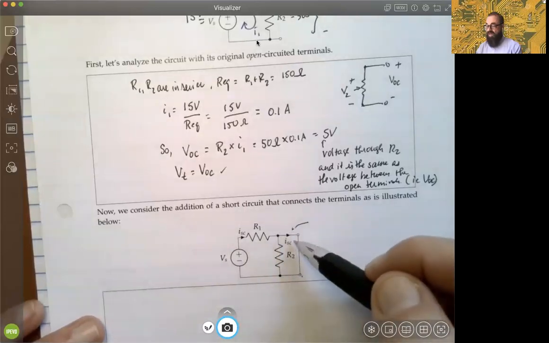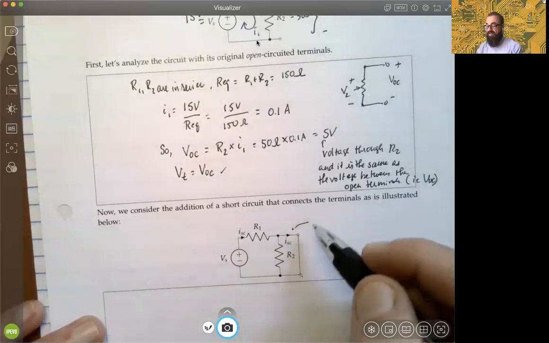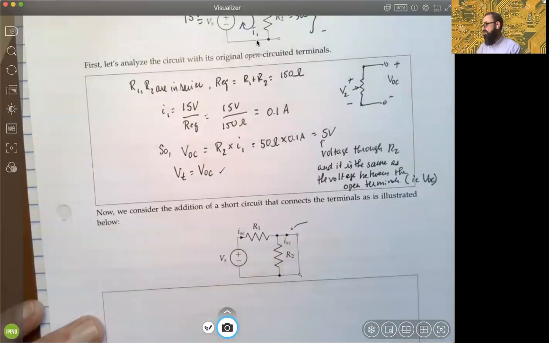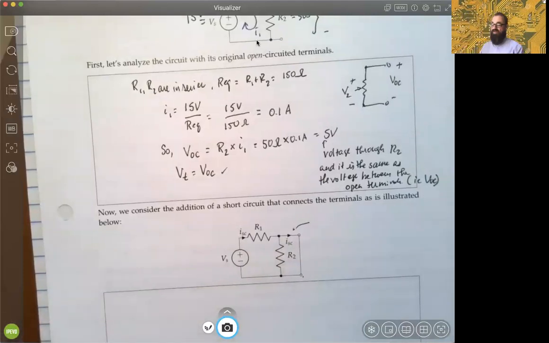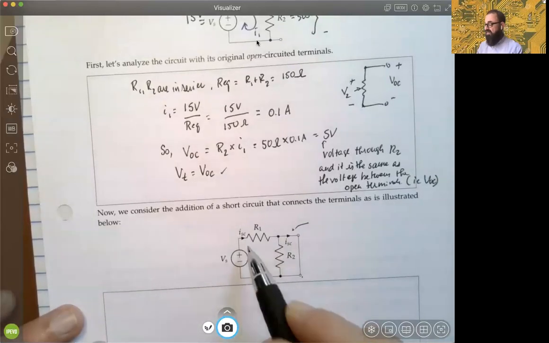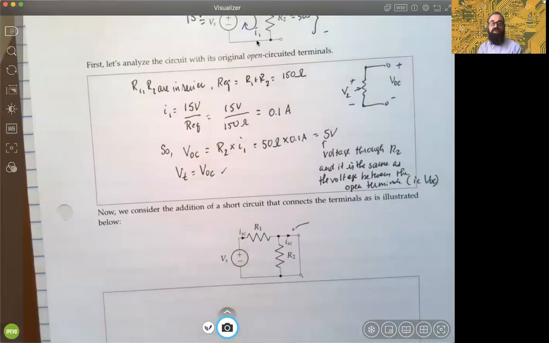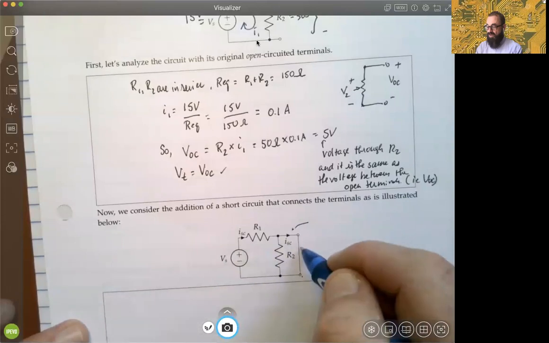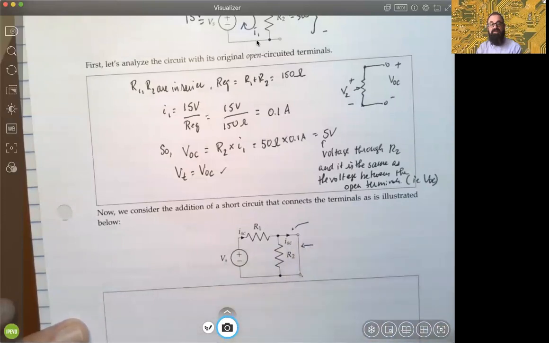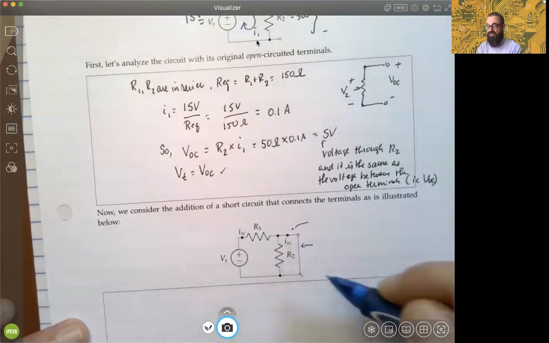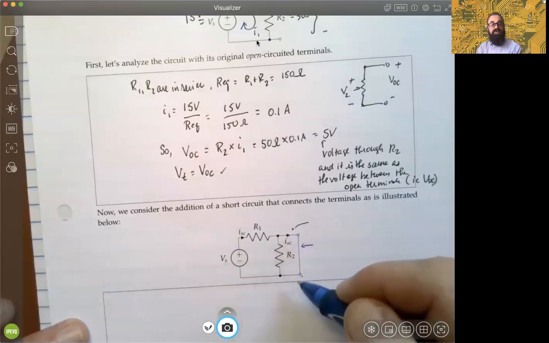Well, let's think very carefully so we can understand this diagram, because you can see that I've got listed here that same current going through R1, and you may be going, wait, I don't understand. When you do the short circuit, how much voltage is now flowing from these two terminals?